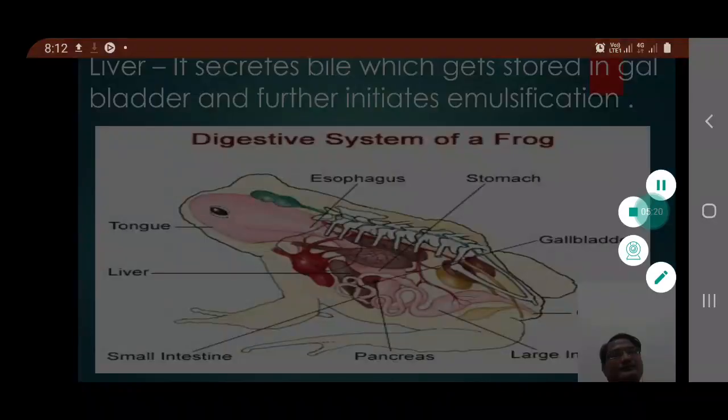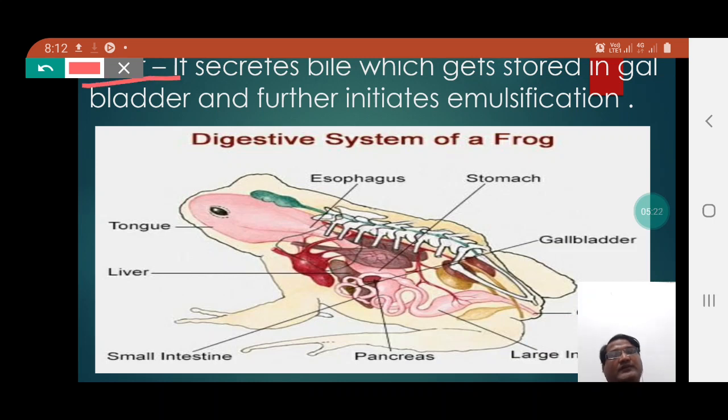Students, there is a most important function of liver in the digestion of food, and that is liver secretes bile. Since bile is the only chemical which helps in the process of emulsification to take place.